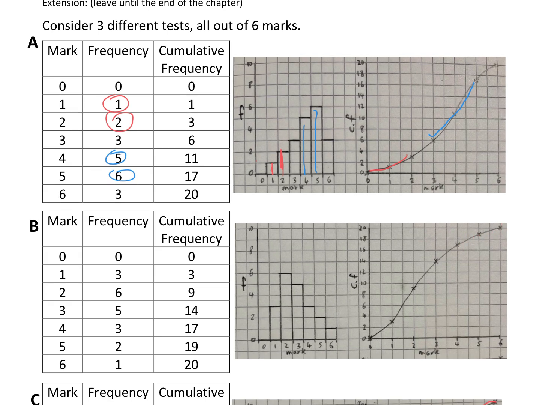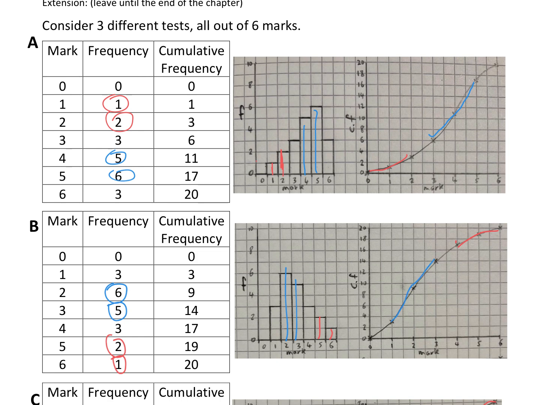It's not much rising on the cumulative frequency graph. That's because the frequencies are low at the end. There's not many getting 5 or getting 6. Whereas a lot of people getting around 2 and 3 here. So you can see it's steep when it gets to 2 and 3. That's where it's steepest.